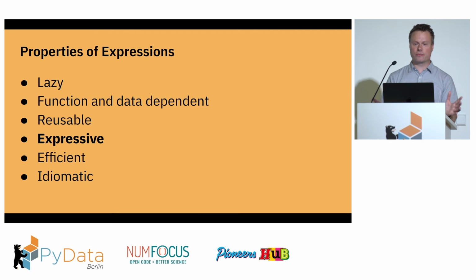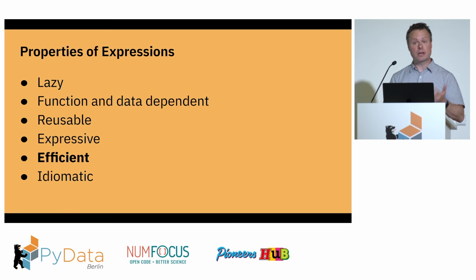Right, they're expressive. This is a bit of an opinion, but they just look good, right? The way you can combine them and apply all these different methods, it looks good. They're also expressive because you can apply things to multiple columns. So in that way, they really allow for concise code, which I would say is also expressive.